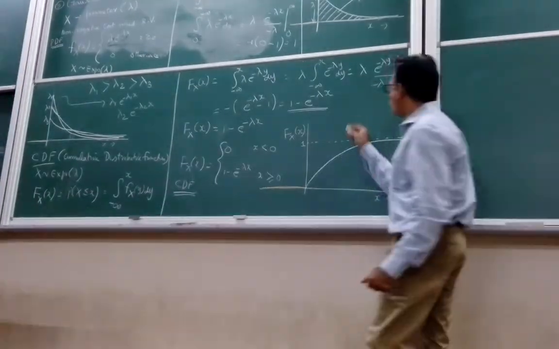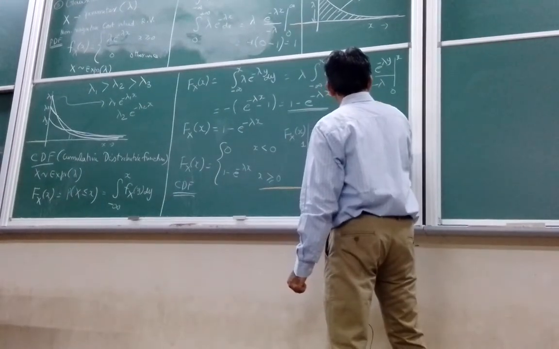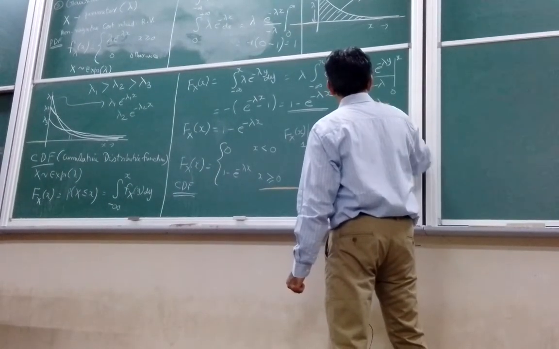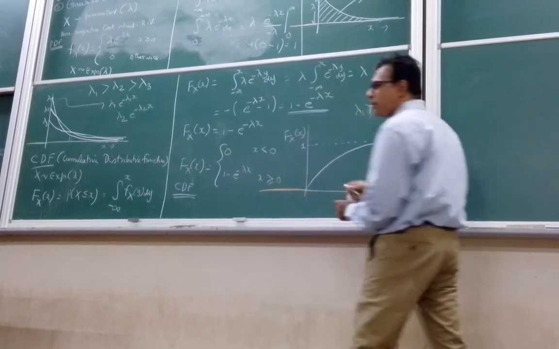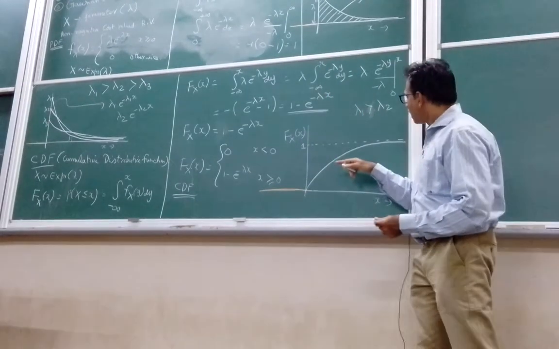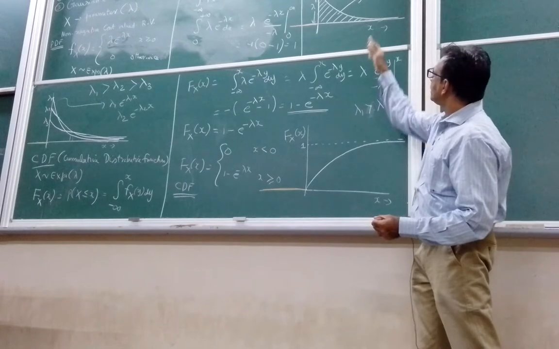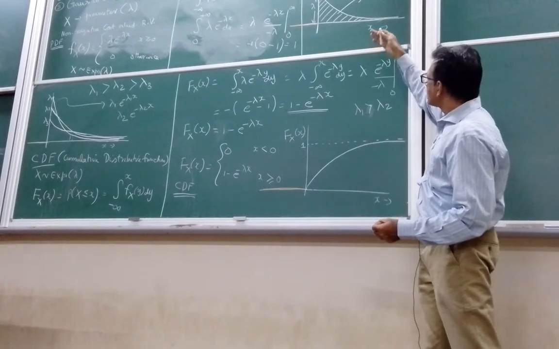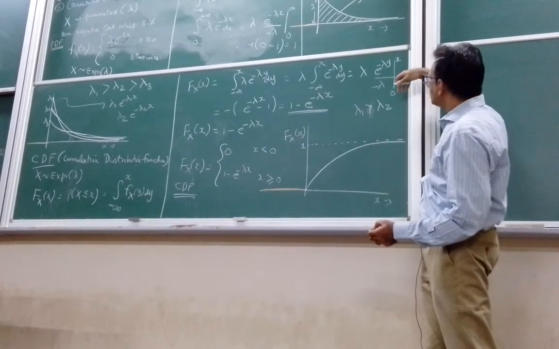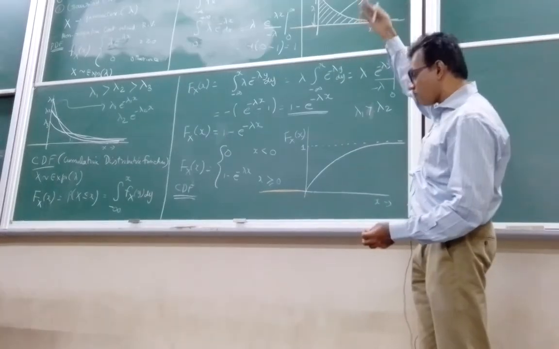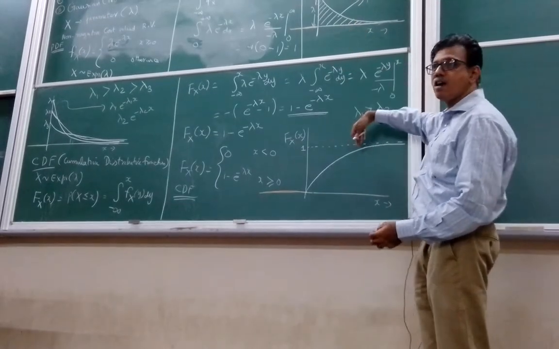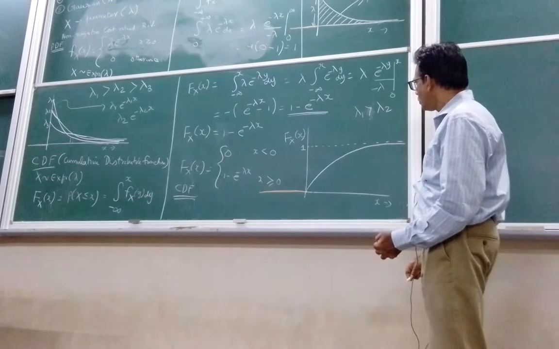Again, what will be the role of two different values of the parameter? Let's again take the same thing, lambda 1 greater than lambda 2. Then as you see, lambda 1 starts decaying faster from a higher point, compared to lambda 2.